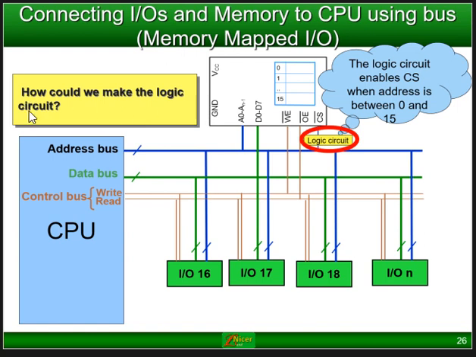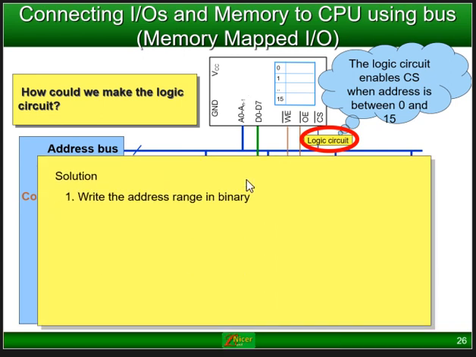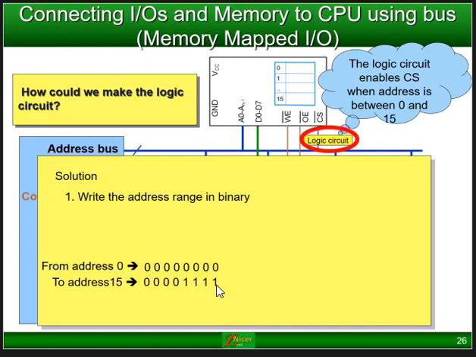On the next slides it will be explained how we could make the logic circuit work to get this device active. It says write the address range in binary. So address 0 will be all zeros, and address 15 will be 0, 0, 0, 0, and all ones here. So we can see that in the lower nibble there's a change from zeros up to all ones.